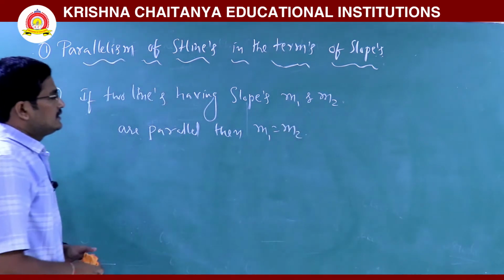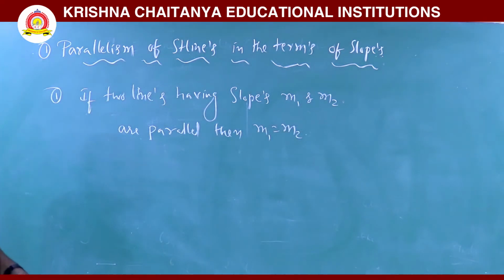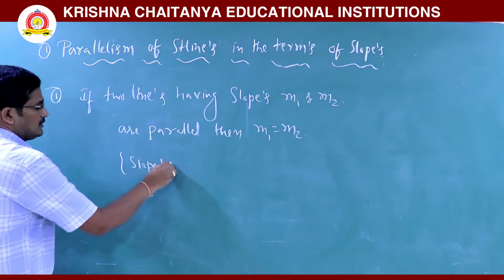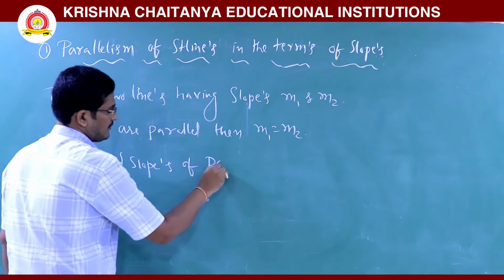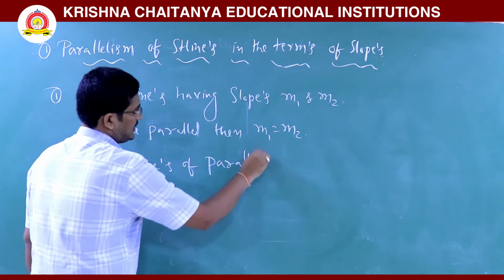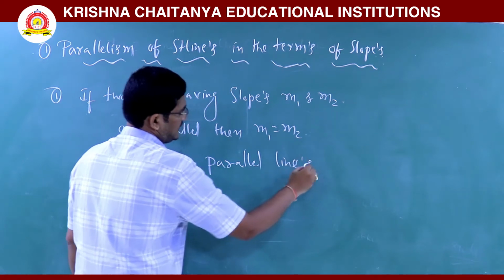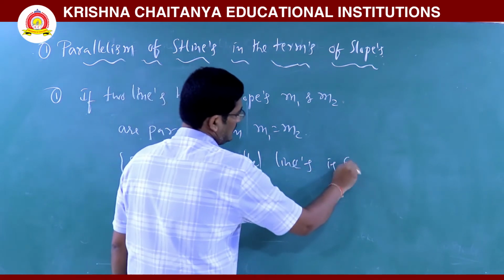That means the slopes of parallel lines are equal. That is the meaning. The slopes of parallel lines are equal.